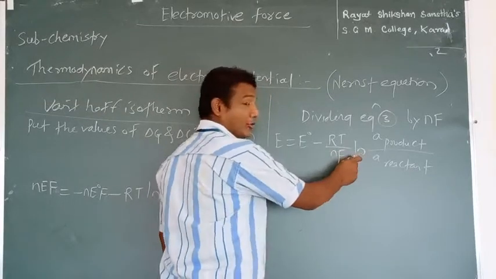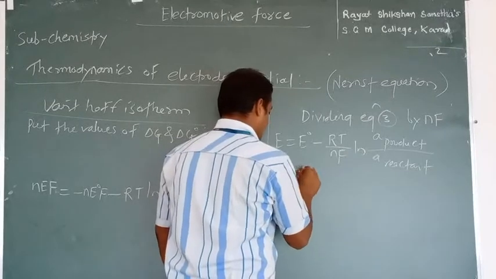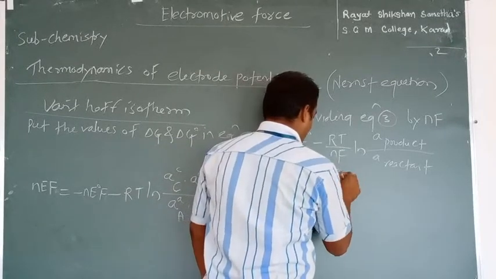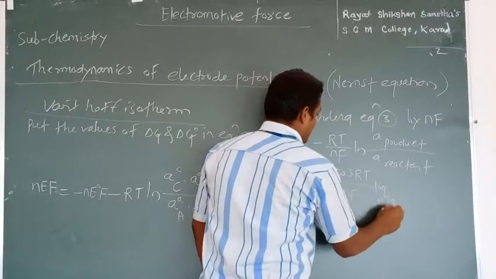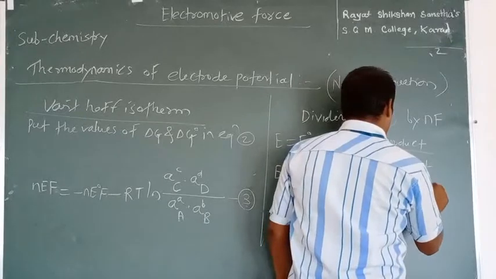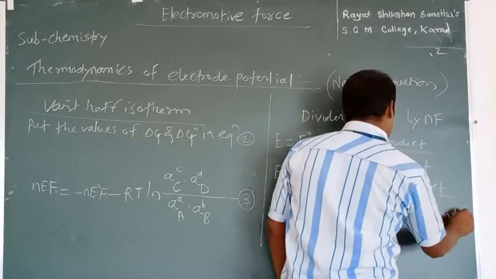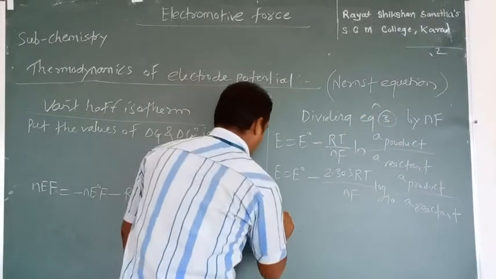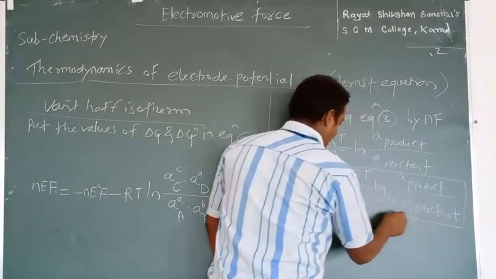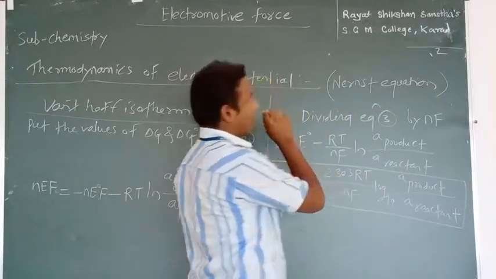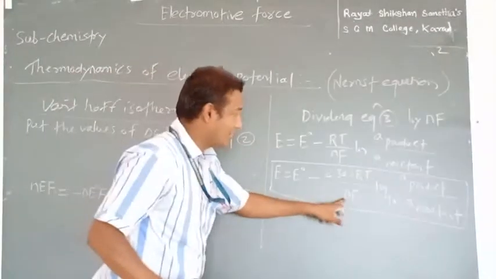Now convert log to the base e into log to the base 10. What we will get? We will get 2.303 RT by nF log to the base 10 activity of product divided by activity of reactant, where this is our Nernst equation, thermodynamics of electrode potential. What is the meaning of n?